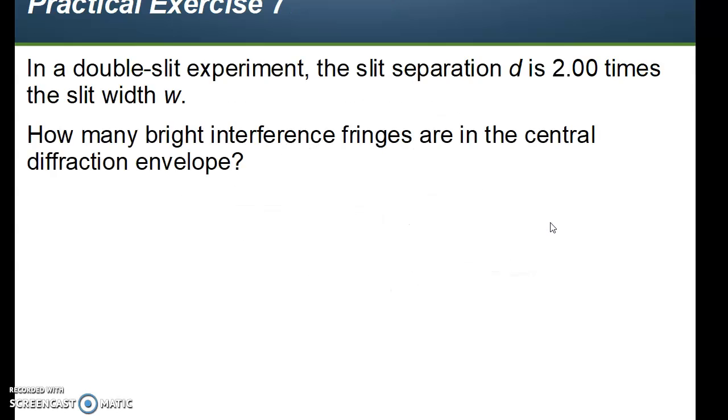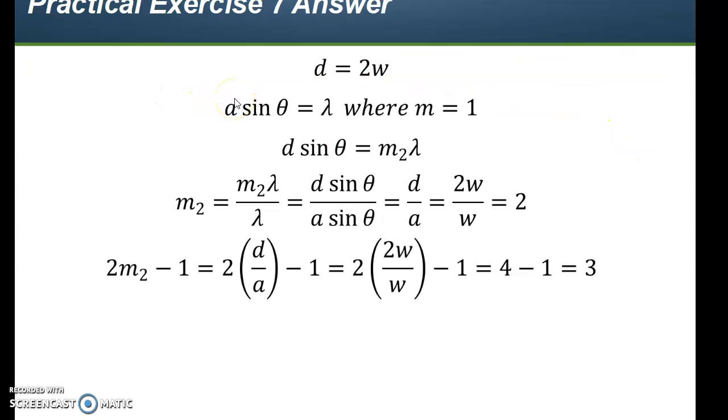So when you've got a slit separation that's 2 times the slit width, what that means is your minimum occurs at twice that value. So 2m minus 1 is 2d over a minus 1, 2W over W, so it's 4 minus 1. So that answer is 3 for this value right here, right?